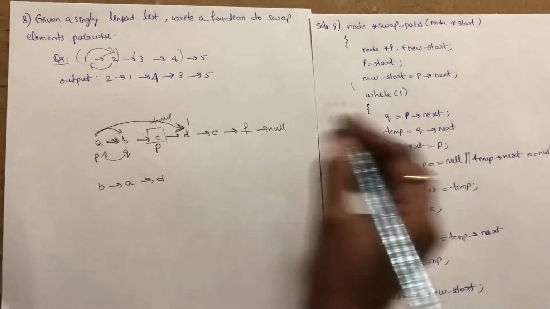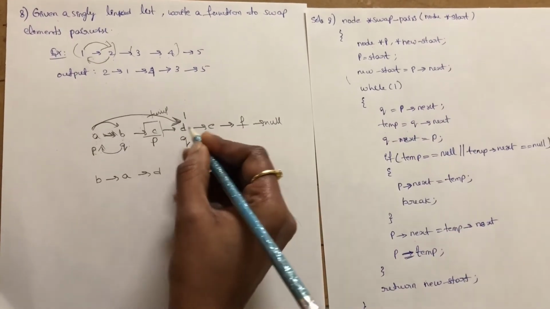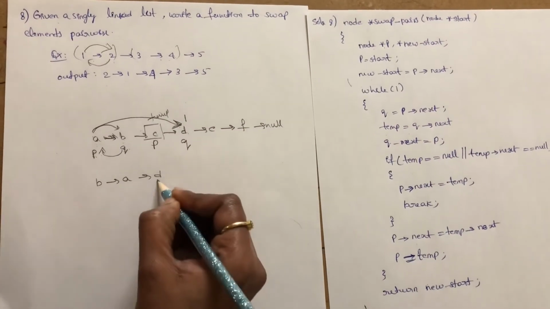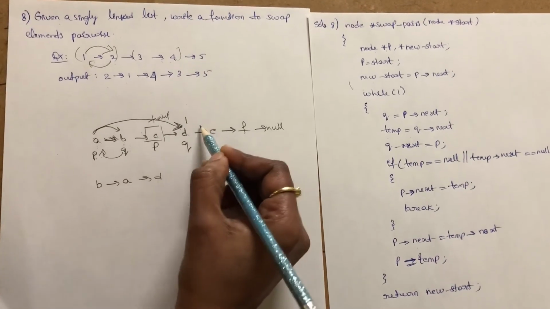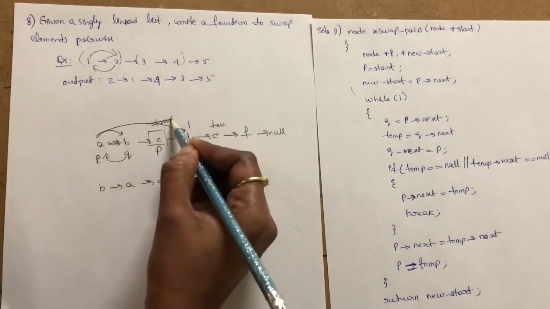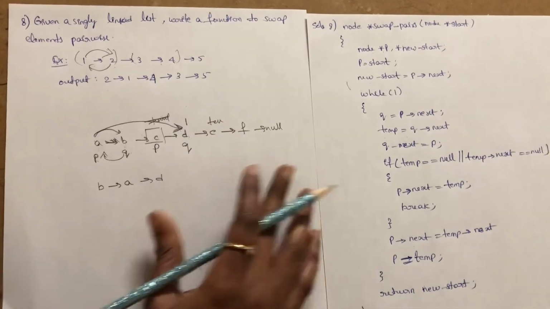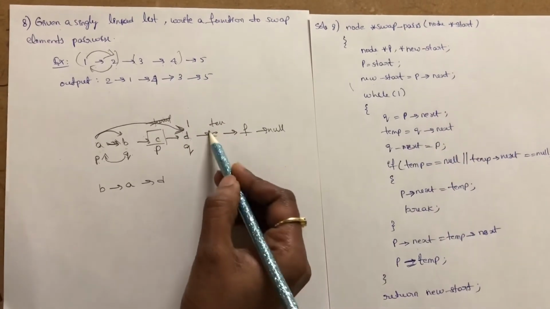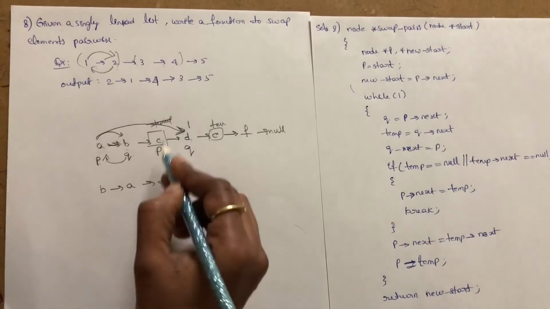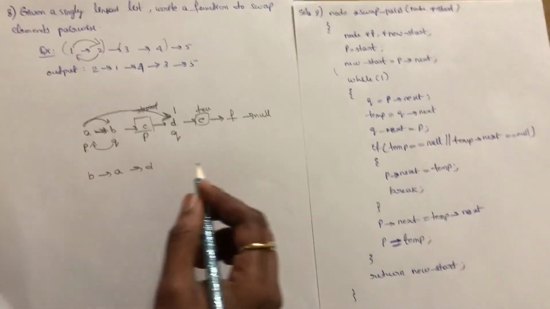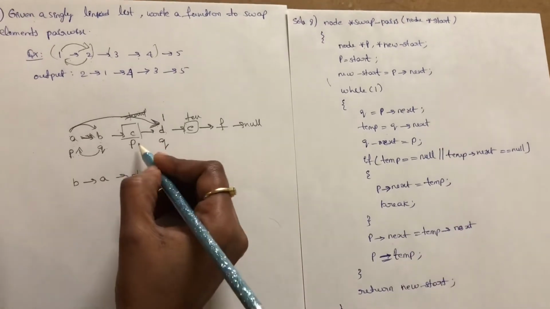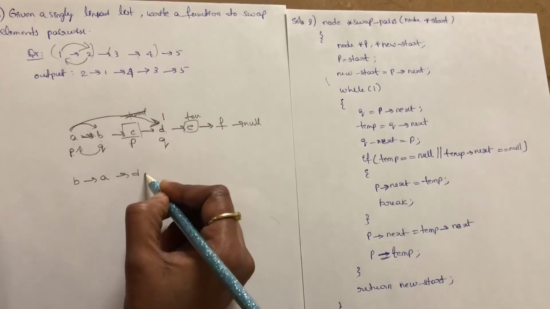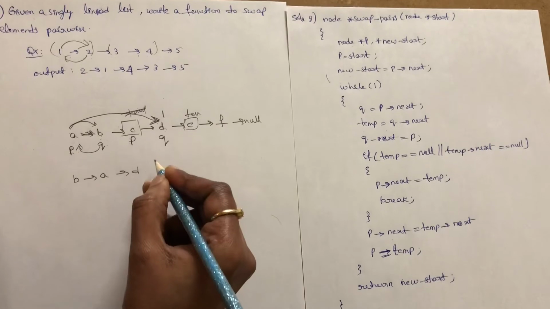Now p's next is going to be q, that means d. D is the q value, and the temporary value is going to be e, because q next is equal to the temporary variable. We are saving it. Now the same iteration is repeated. p's next is going to be temporary next, that means f.